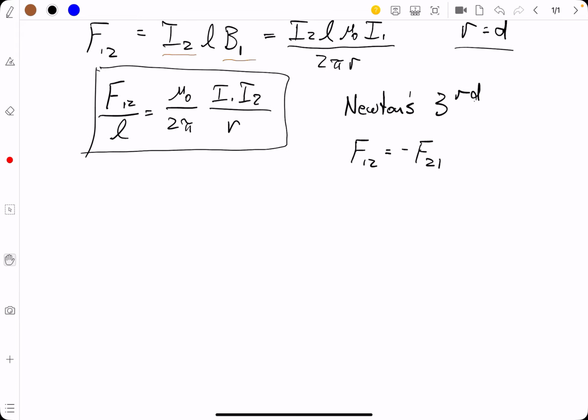So F12 points in negative X, negative I hat. That means that F21 should point in positive I hat. All right, so the force of the second wire on the first wire should point in I hat. Should we just rewrite the wires here?